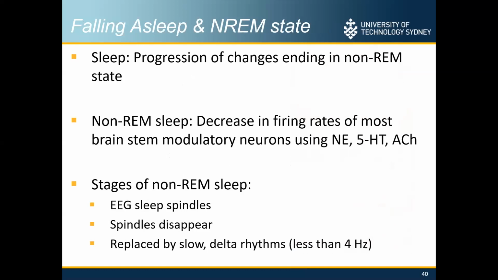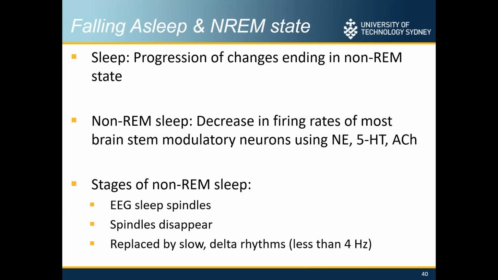As daytime goes by, and you have an increase in the activity of these diffuse modulatory systems, their firing rates normally decrease over time. This is when the onset of sleep actually occurs, when the activity of these neurons decreases as the day goes by.